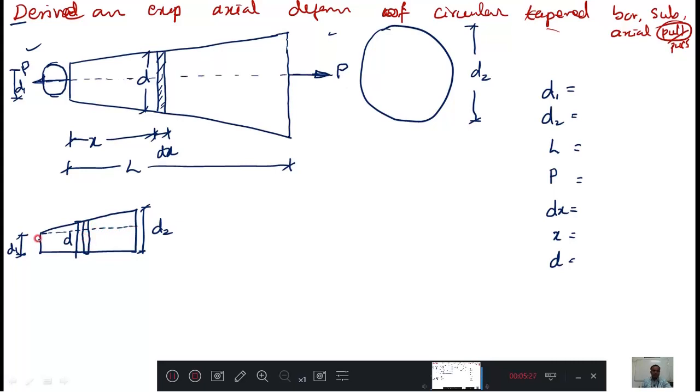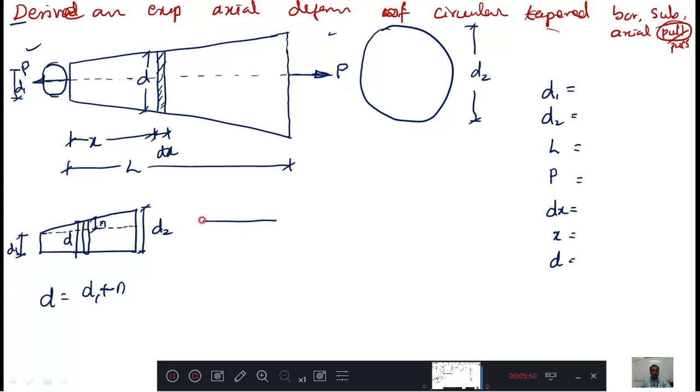Now this d I can write as D1 plus some n, where n is a notation I give. So the diameter here is D1 plus n. This is D1 and the upper triangle is n.